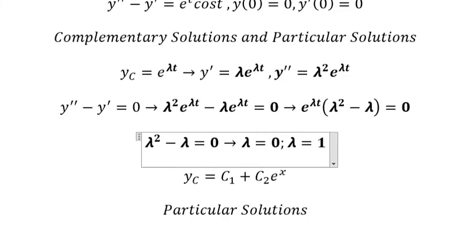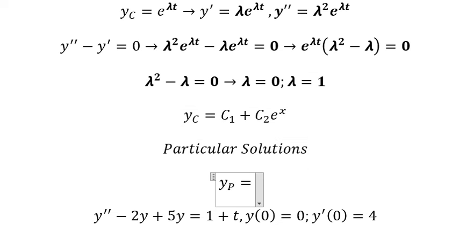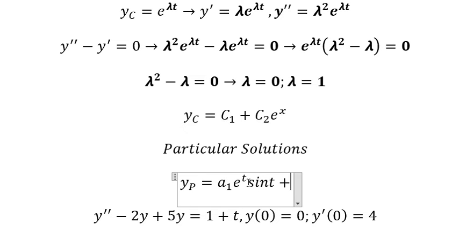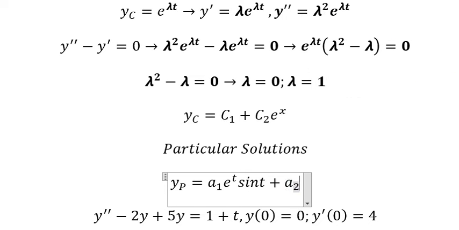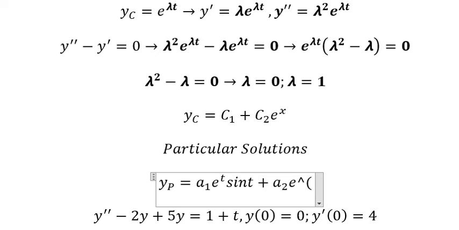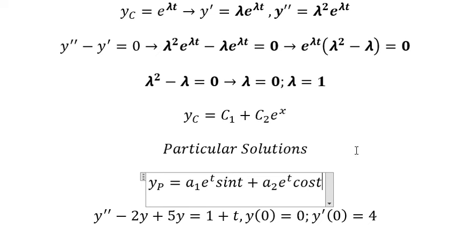So that means we need to put about a1 e to the power of t sine t, and we have a2 e to the power of t cosine t. Now we need to find first and second derivative.